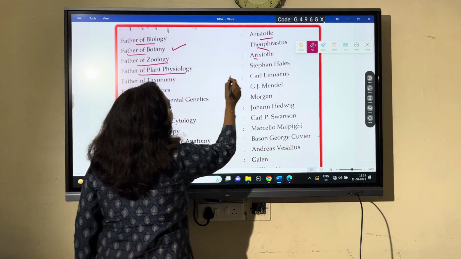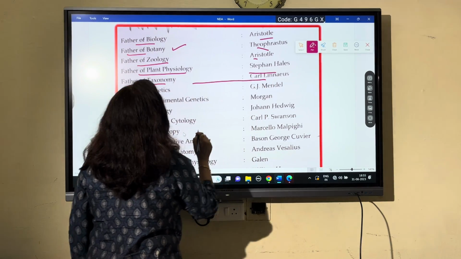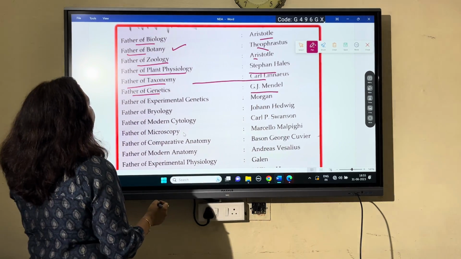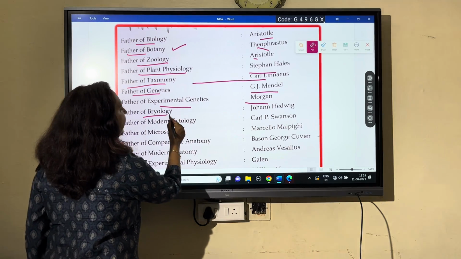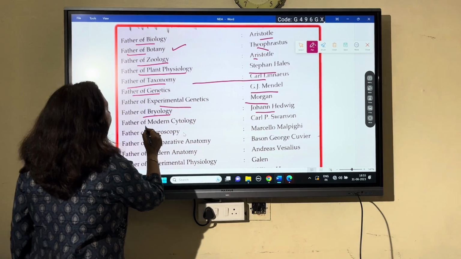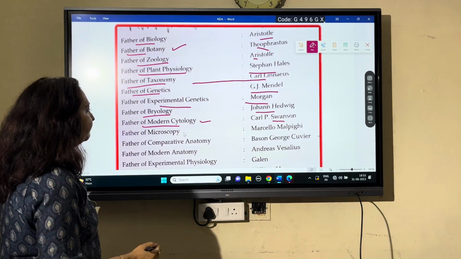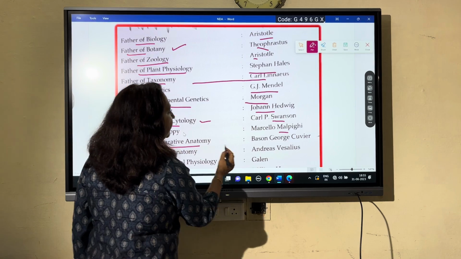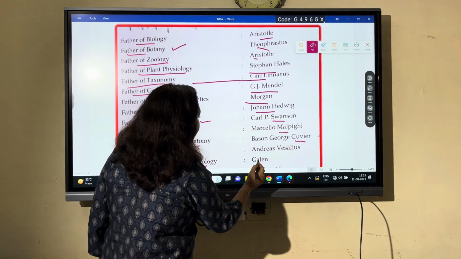Father of plant physiology is Stephen Hales. Father of taxonomy is Carl Linnaeus. Father of genetics we know is Gregor Mendel. Father of experimental genetics is Morgan. Father of modern cytology is Sorensen. Father of microscopy is Malpighi. Comparative anatomy is Cuvier. Father of experimental physiology is Galen.